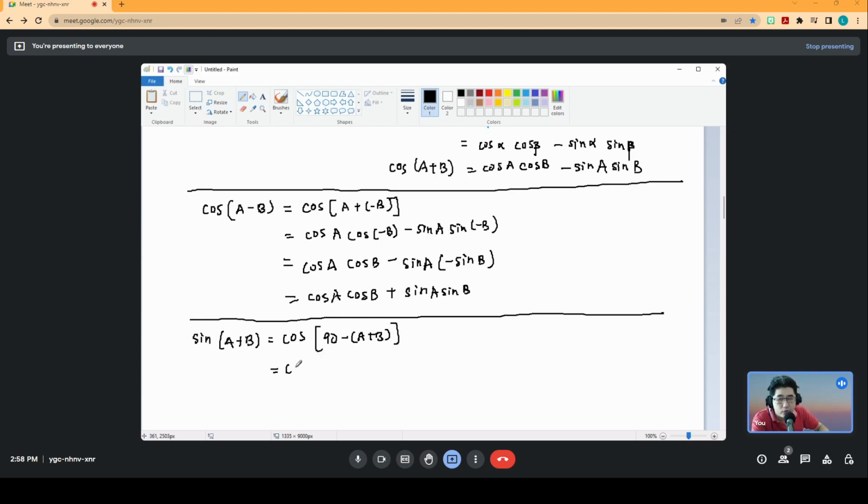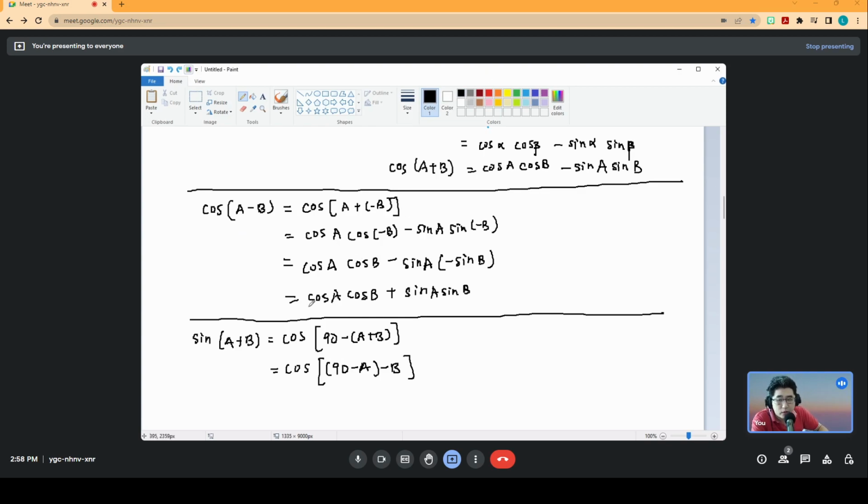Then I rearrange the form, so I write it as 90 minus A, minus B. Now you see that I have the form of cos of A minus B, where the 90 minus A here is just the A over here.